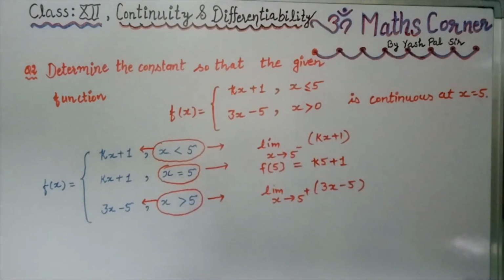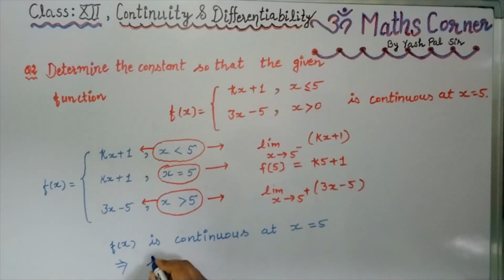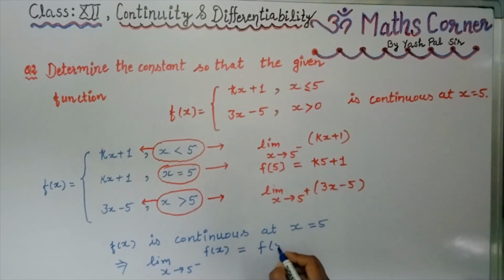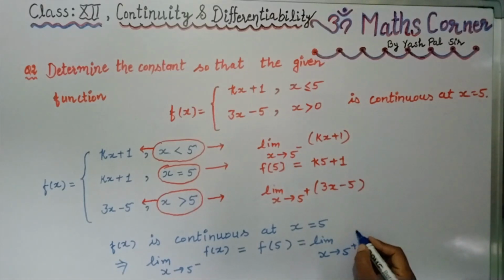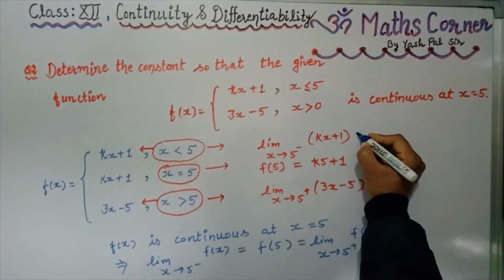Now the function f of x is continuous at x is equal to 5. This implies the left-handed limit as x approaches 5 of the function should be equal to the functional value f of 5, which should be equal to the right-handed limit of the function as x approaches 5.